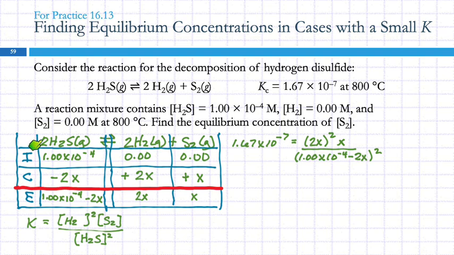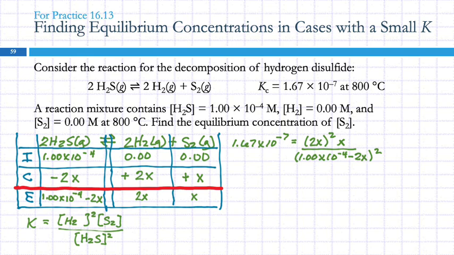We really have to pay attention to these coefficients that aren't 1, because they're going to show up in the change, and they're also going to show up in the equilibrium expression. So if you leave those out, it's not going to work out very well.